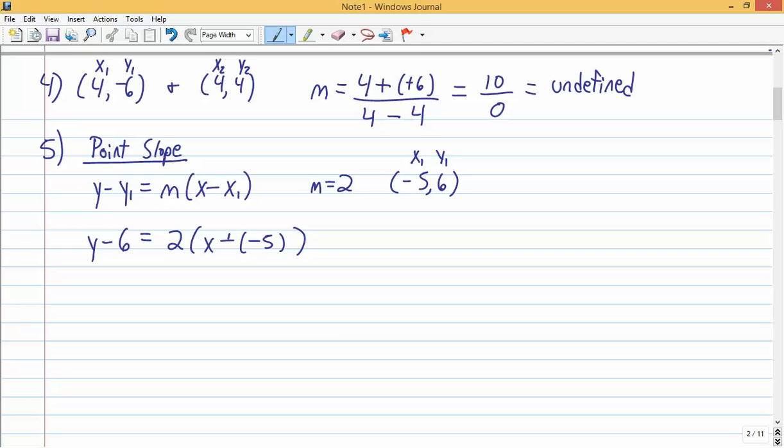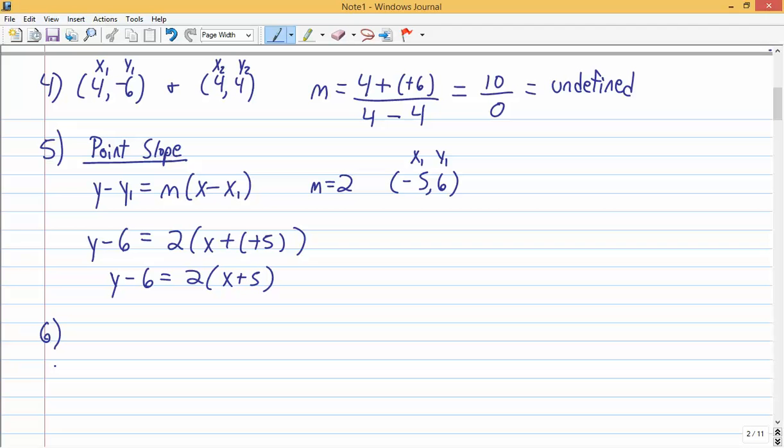Anytime you have minus a negative, you put plus a positive. So y minus 6 equals 2 times x plus 5. That is point slope form, so you stop right there. Now, if you multiply in the 2 and you move over the 6, that puts it in slope-intercept form. We don't want that form. That answer is probably going to be down there too. But make sure you stop there. That's point slope form.